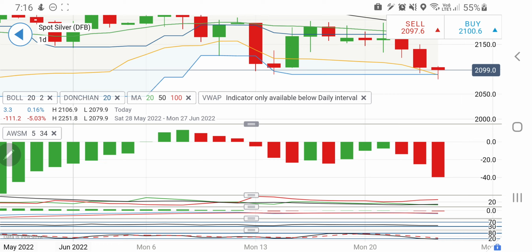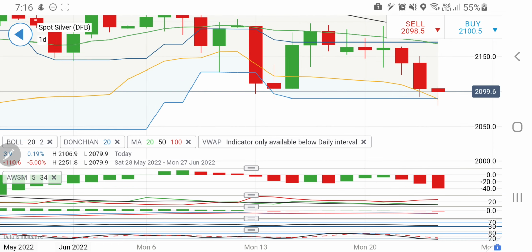Considering this, I will recommend you to go long only above 2110. Then the target is 2120, 2130 and 2140 levels. 2140 is going to be very strong resistance for silver.